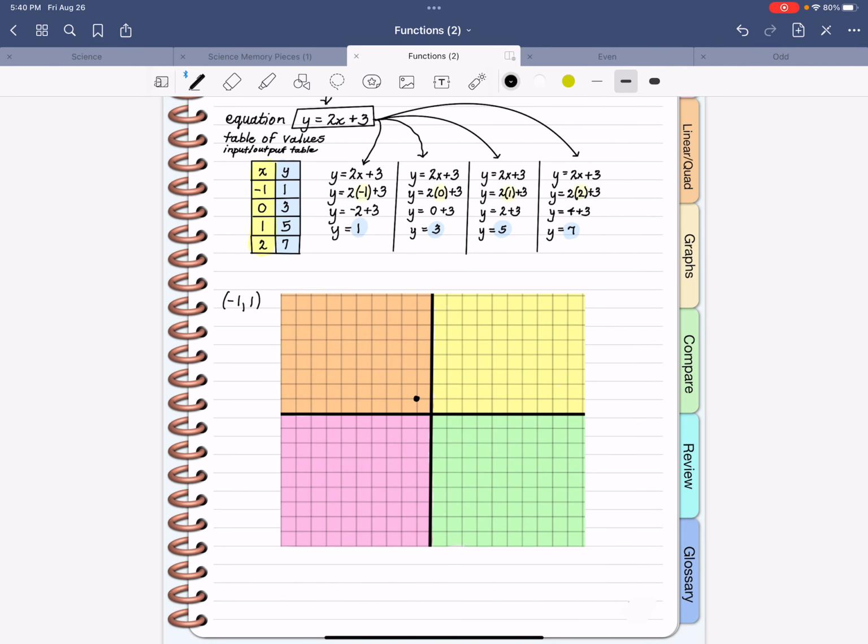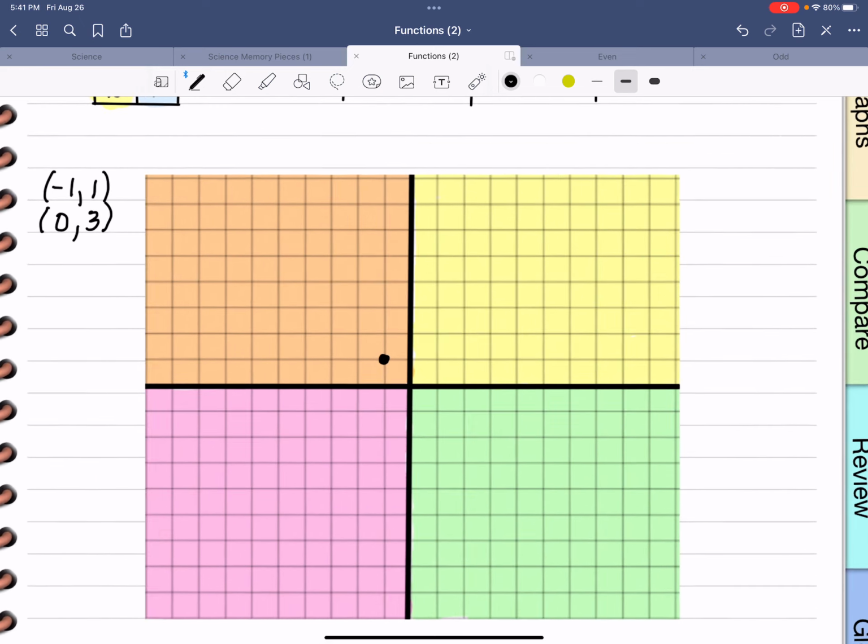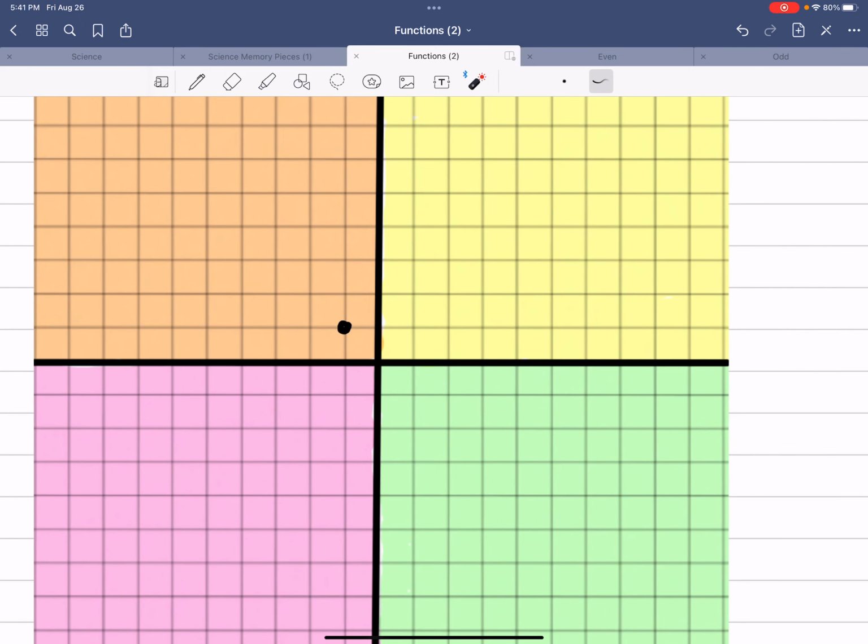Okay, the next point from the table of values is the y-intercept, 0, 3. So you move nothing here, no movement there. You just go up to 3, to this point. So 0, 3 is right here. It's on the y-axis. This first point is in quadrant 2.